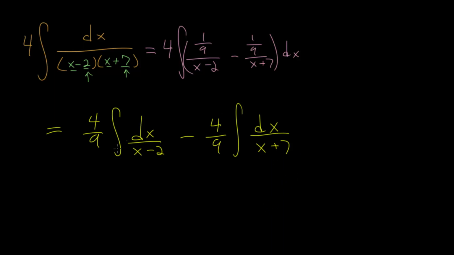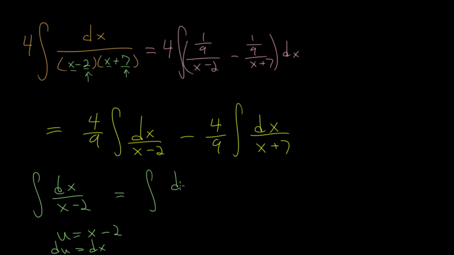You might notice that each of these evaluates to a natural log. But if you don't see that, we can look at, let's say this one, where we have the integral of dx over x minus 2. We can use a u substitution. u is equal to that denominator of x minus 2. And du would just be 1 dx. So we can make a nice clean substitution.